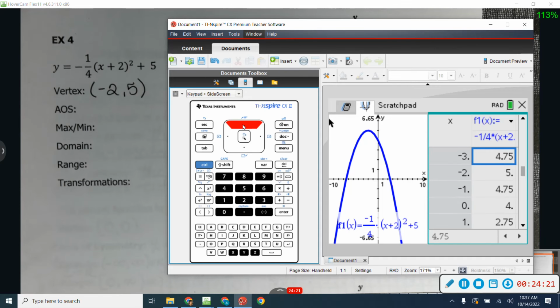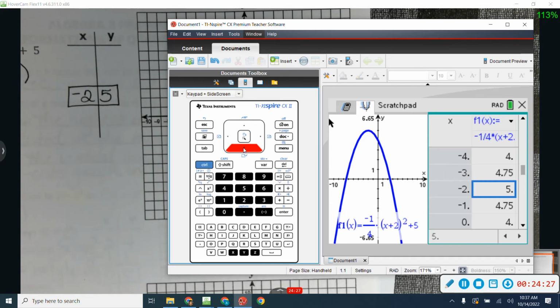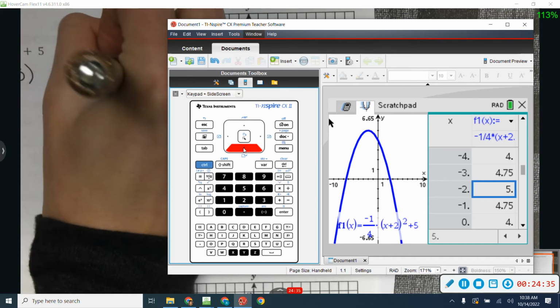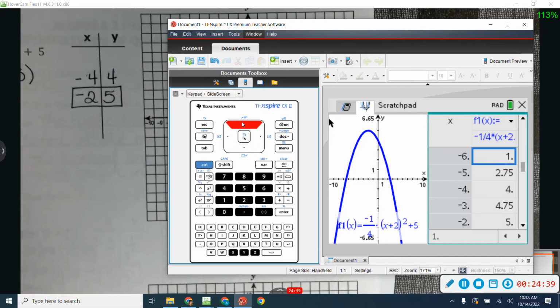So I'm going to scroll in my table to -2, 5. -3 and -1 both give me the same y value, but they are decimals. So I'm going to skip those. And I'm going to have -4, 4. And -6, 1.